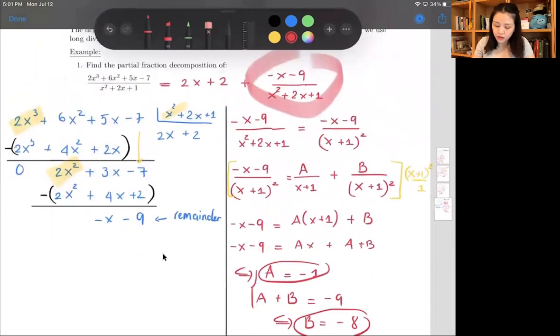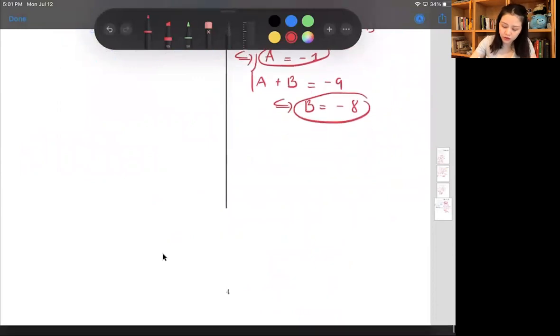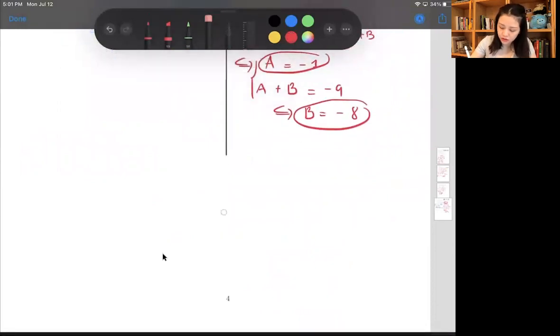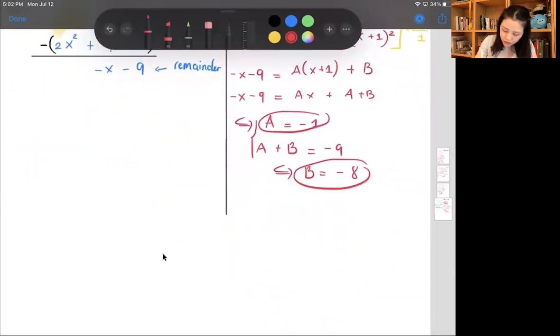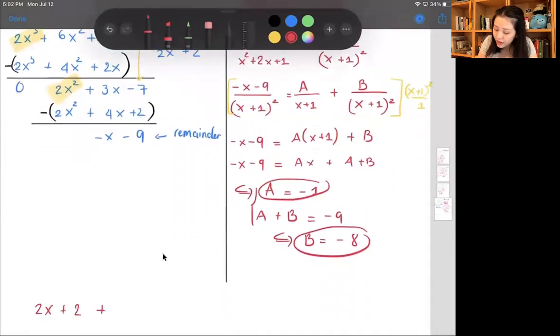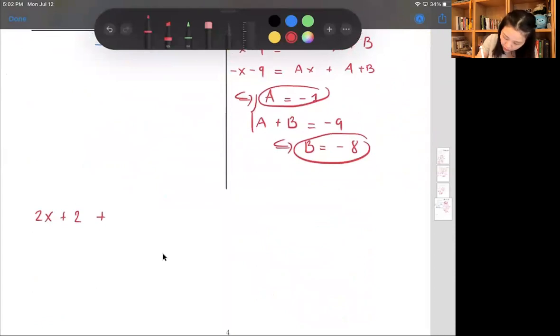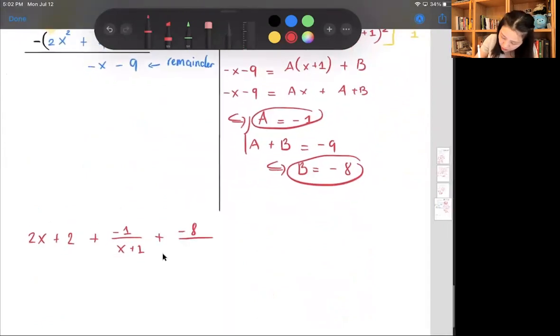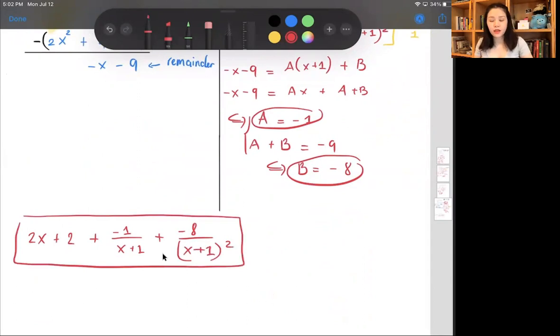Okay, so the final answer is 2x plus 2, rewriting the quotient there, plus the one that we broke apart: a over x plus 1, so negative 1 over x plus 1, plus negative 8 over x plus 1, all of that squared. And that will be our final answer. Okay, thank you for watching.